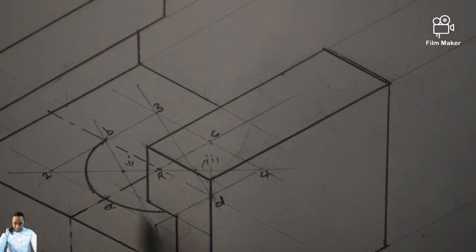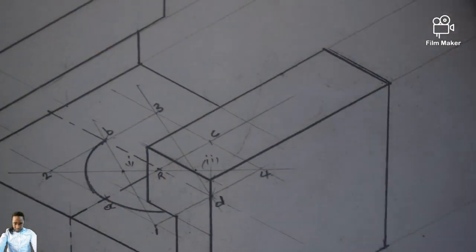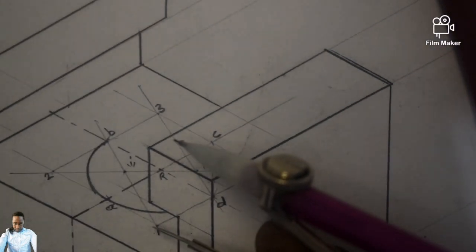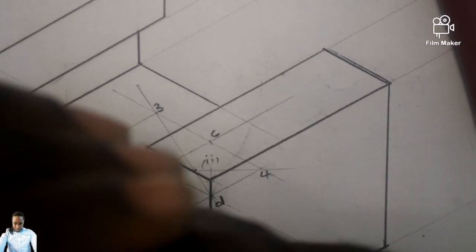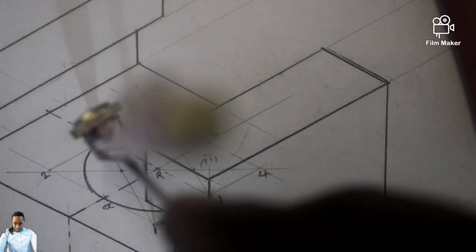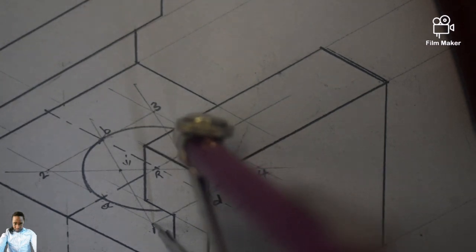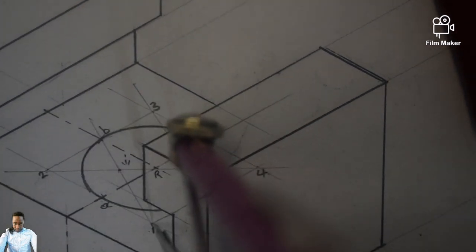You understand? So to close this side, we are going to place our drawing compass at point 1, further extend to point B. There you go. So I can stop there. You can draw it dark.